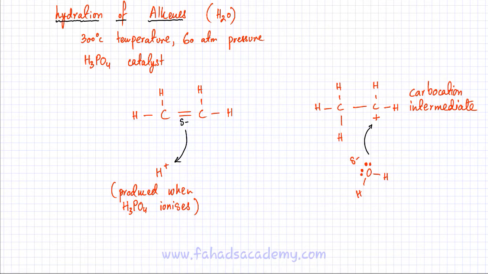In the next step, you have a water molecule which has lone pairs. Oxygen has these lone pairs, and water is a very polar molecule. It's involved in hydrogen bonding as well. These lone pairs on oxygen are going to get attracted to this positive carbon over here.